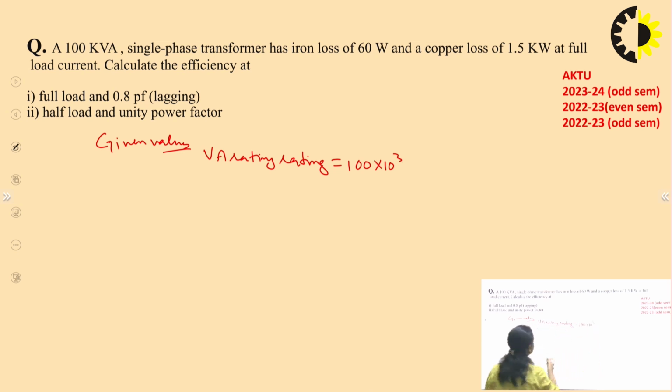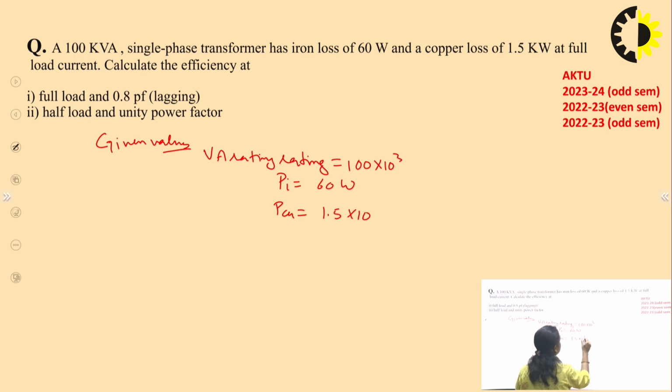It is given in kVA and I am converting it into VA. The iron loss is given as 60 watt. The copper loss is also given: 1.5 into 10 power 3 watt at full load current.